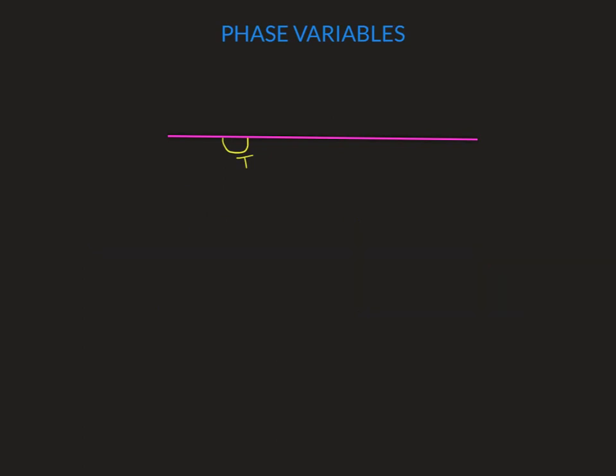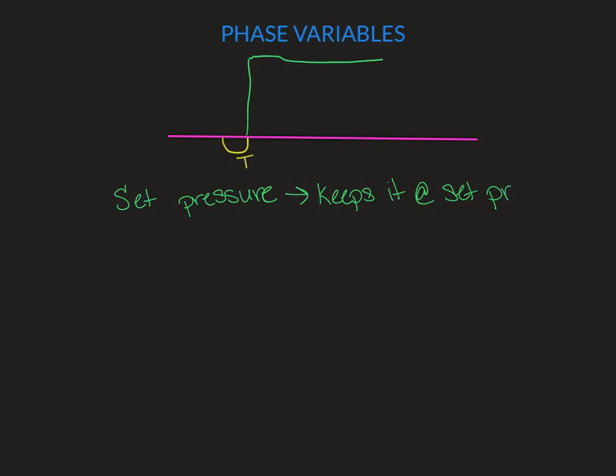The next phase variable is limit. We'll draw this here, and this is limit. The limit is a set pressure, and it's going to keep at that set pressure. But it does not end the breath.